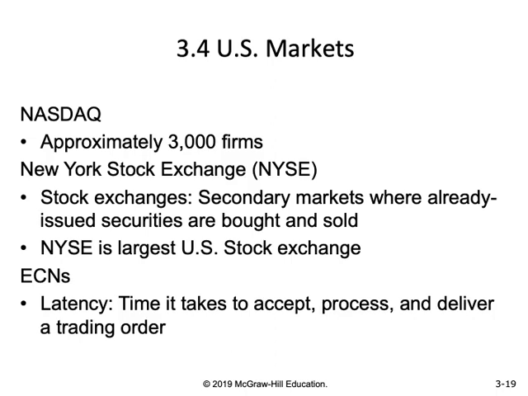Also, an important issue on ECNs is latency, and latency is a computer term for the time it takes for a computer command to execute. In this case, the time to process the order and for that to execute.